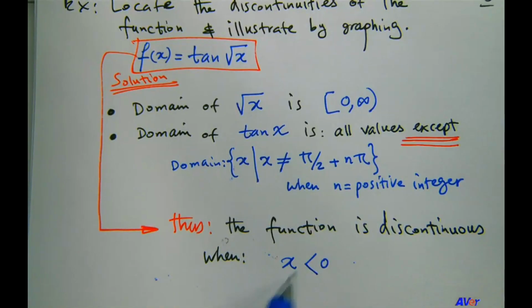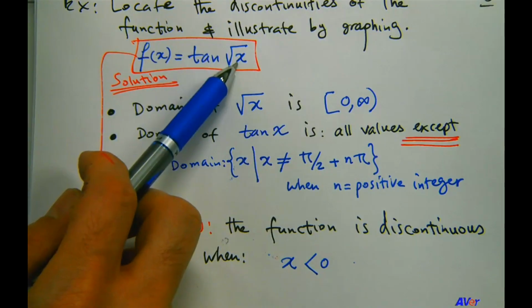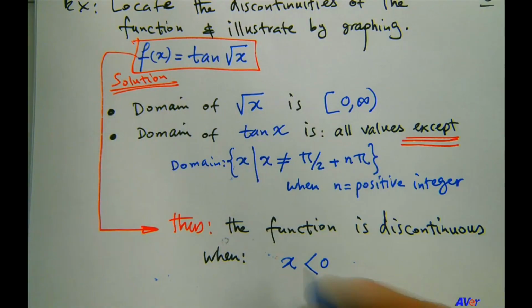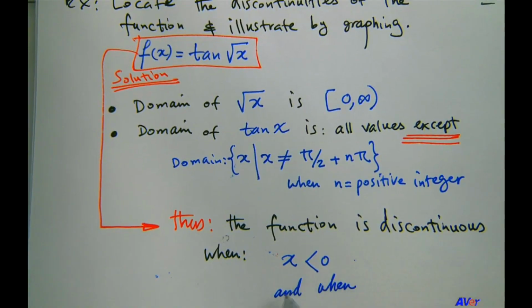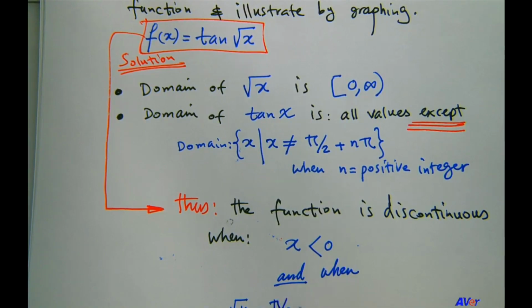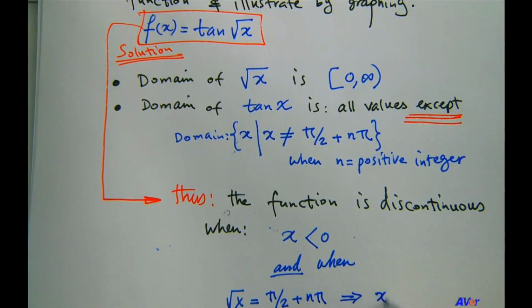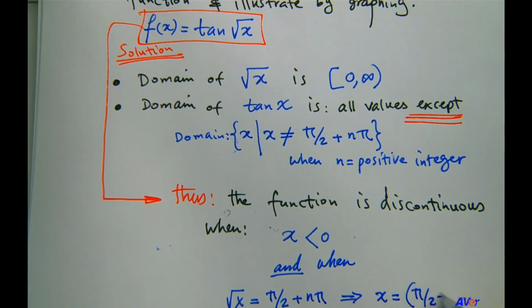Because when x is less than 0, then this piece is going to be undefined, so we have discontinuity, and when square root of x is equal to pi over 2 plus n pi, which means square both sides, so we get x equals pi over 2 plus n pi squared.